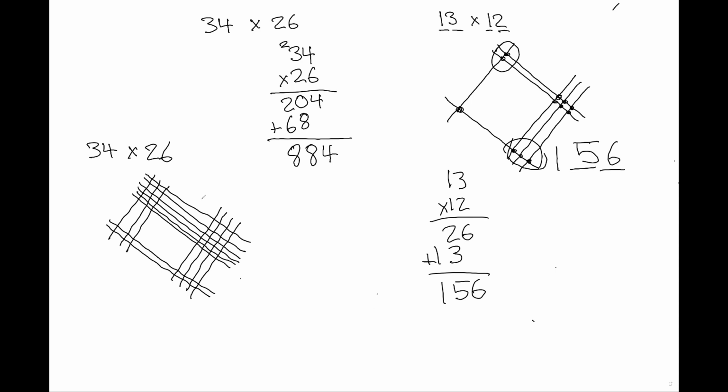So for this section here, we have 1, 2, 3, 4, 5, 6. And we have 1, 2, 3, 4 rows. 6 times 4, 24. So essentially here we have 24.